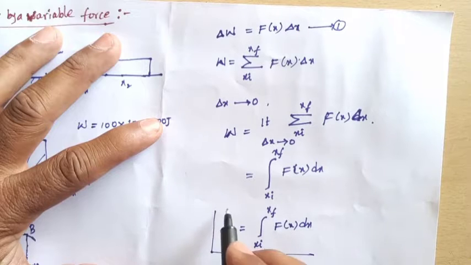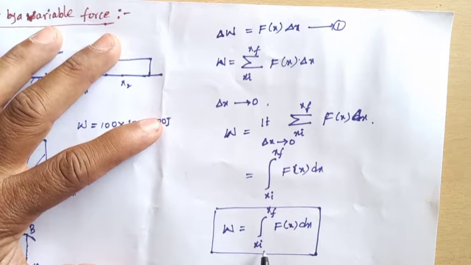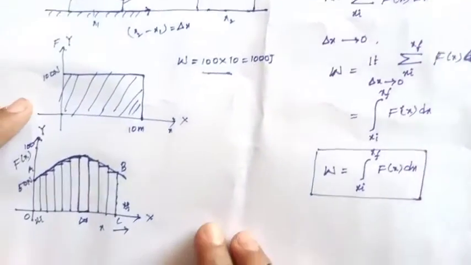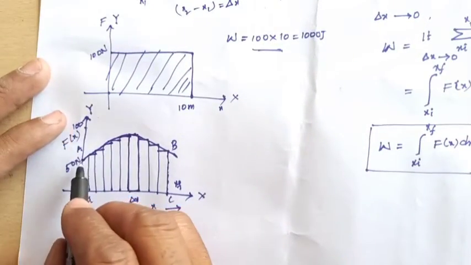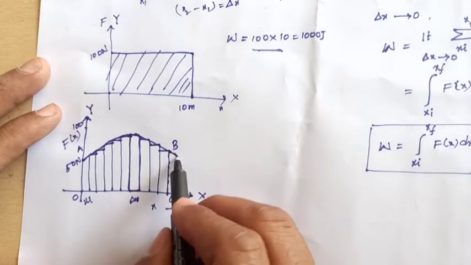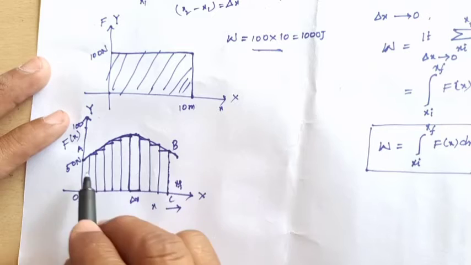This is the equation for the work done on the body. The initial position is xi, the final position is xf. So in this graph, this is the initial position, this is the final position. The work done does not depend upon the path.